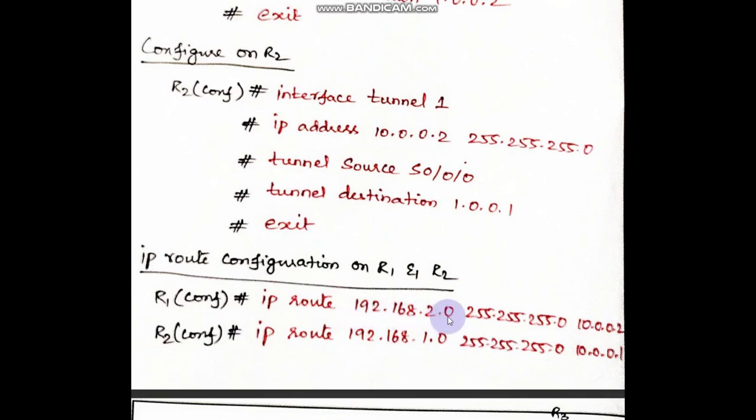After the network ID we give the subnet mask. After that, the next hop is the tunnel ID, because data is now going to be transmitted through the tunnel. That's why only the tunnel ID is given here as the next hop.